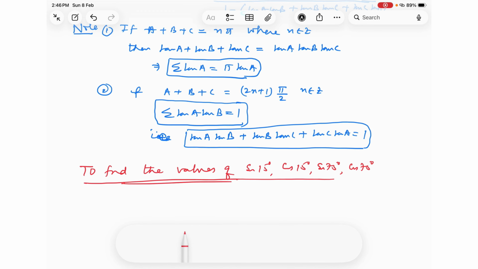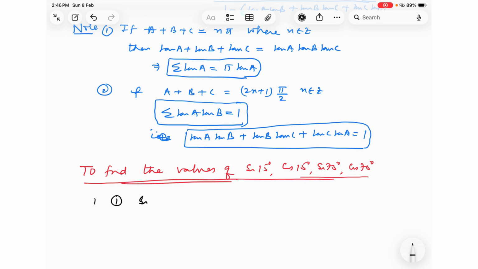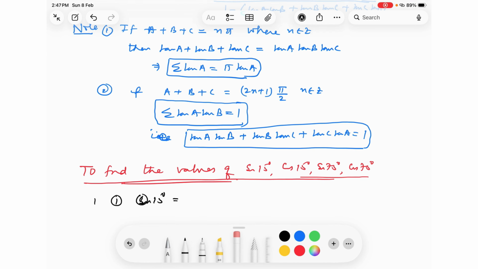So, in order to find sine 15 degrees, let us calculate sine 15 degrees first.